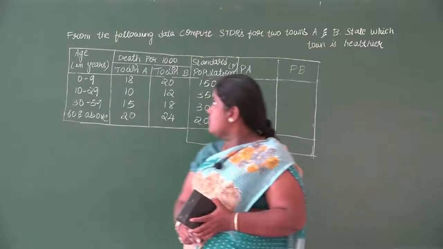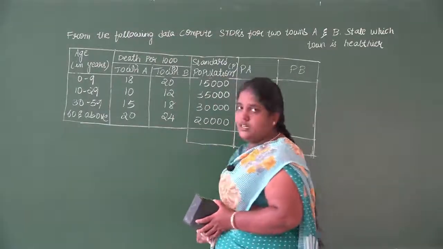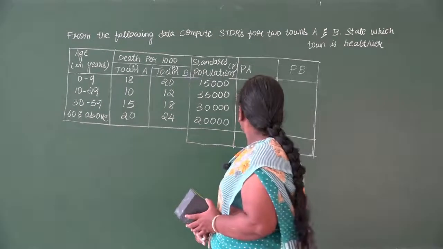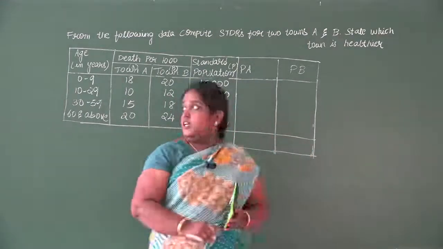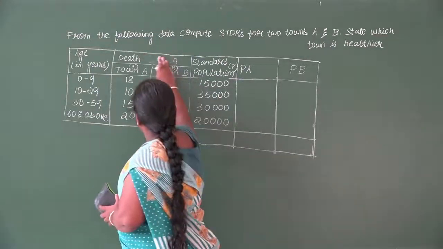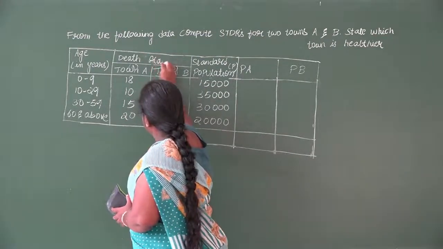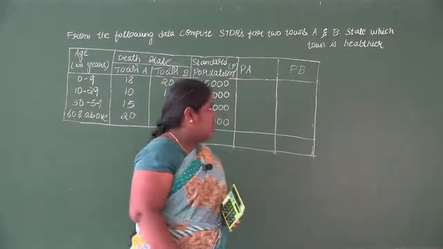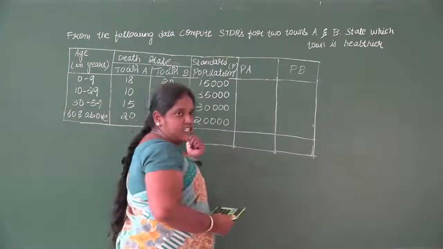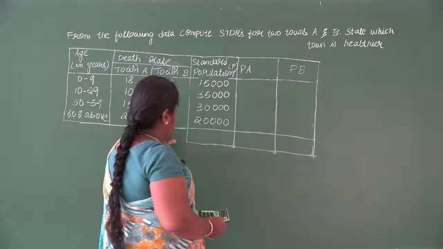So here the question is, from the following data compute standardized death rate for two towns A and B, state which town is healthier. Again here death rate is given, so either death rate or death per thousand, both are same. So death rate, it is taken as A and B, it is nothing but ASDR.